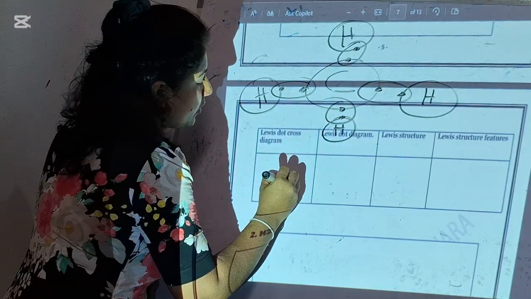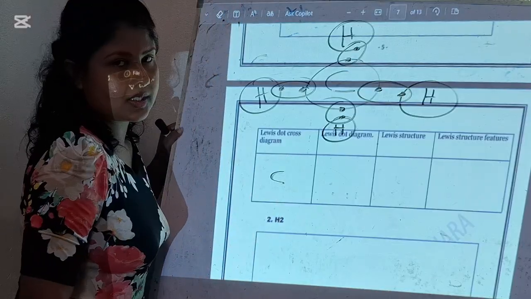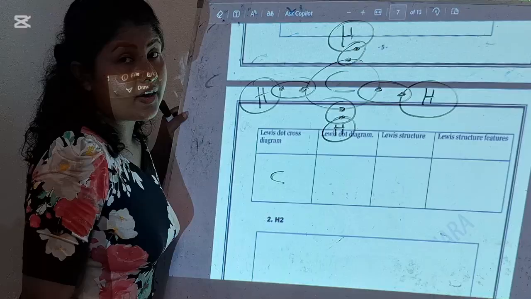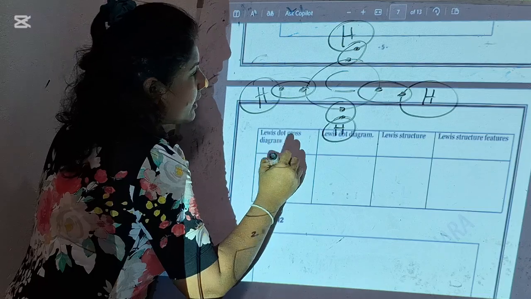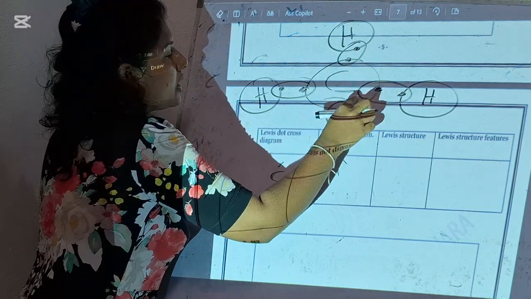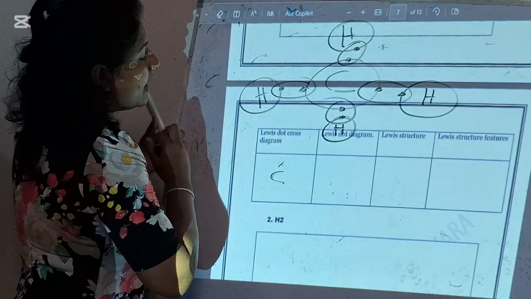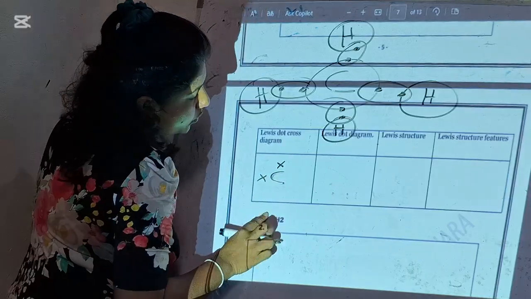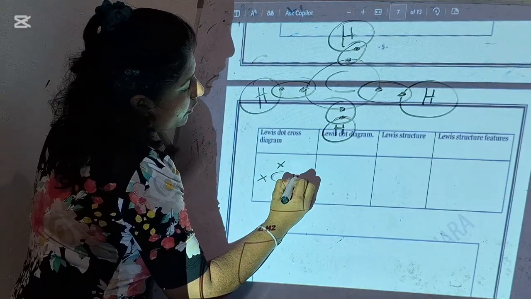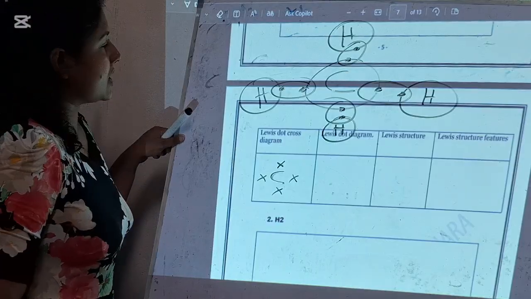For carbon electrons, I am taking crosses. To denote the carbon's last shell electrons, I am taking crosses. How many crosses does it have? 1, 2, 3, 4. Carbon is giving 4 crosses.